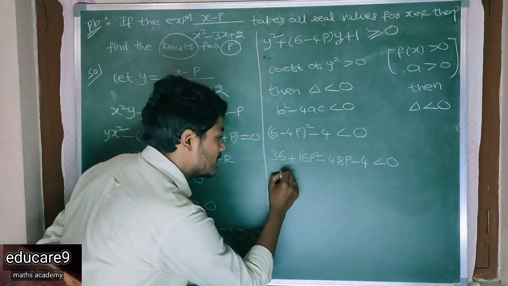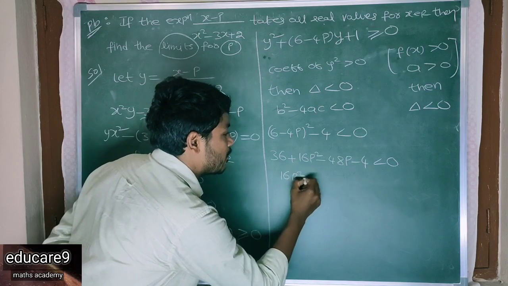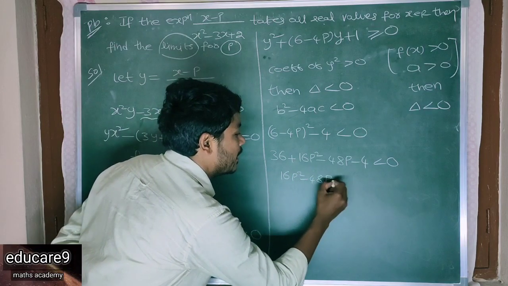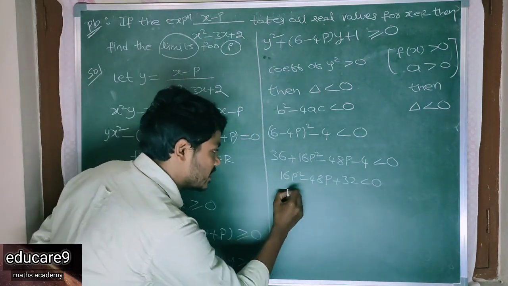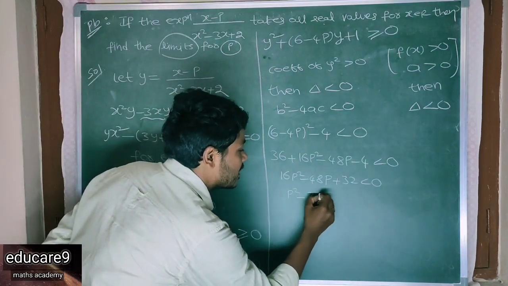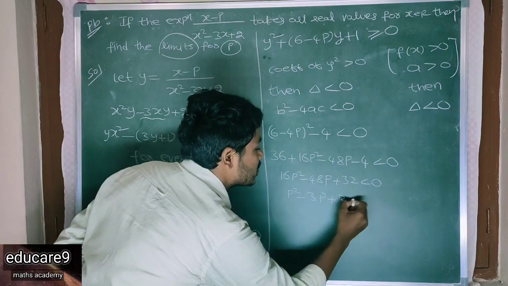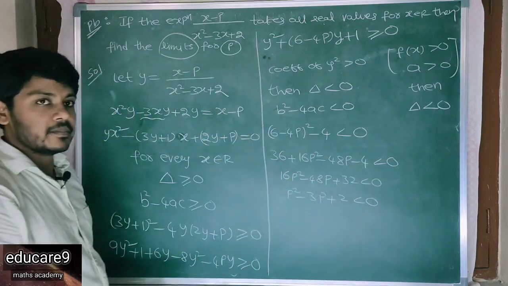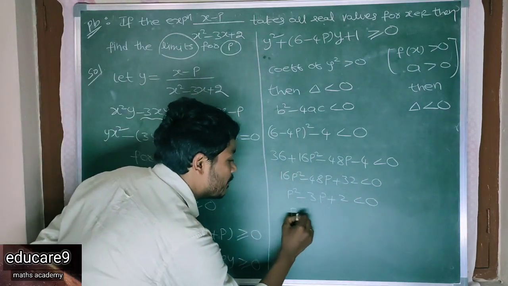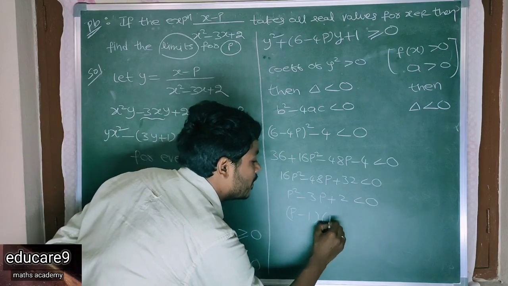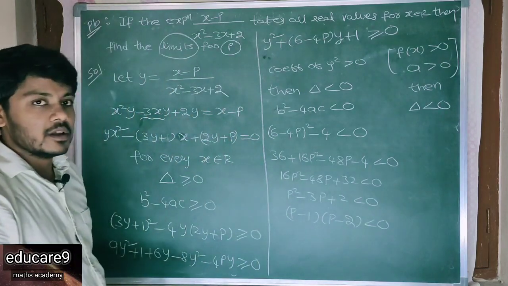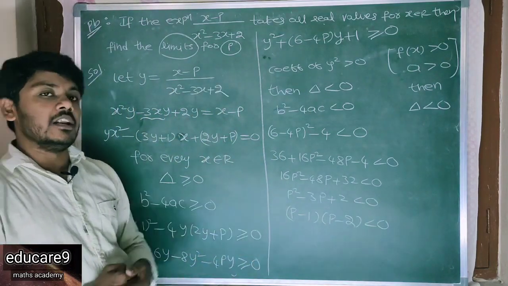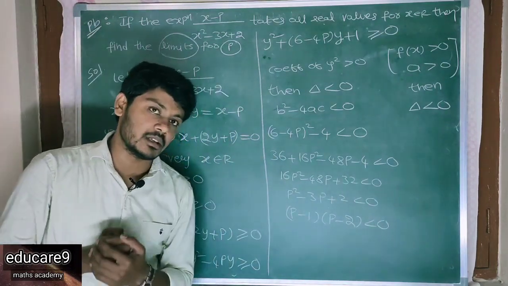Again this is 16p square minus 48p plus 32 is less than 0. So this is p square minus 3p plus 2 is less than 0. Again this is p minus 1 into p minus 2 is less than 0. Now find the p values using this inequation.